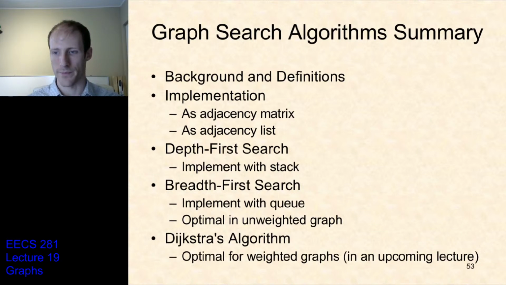So we talked about some one-hop, one-step graph algorithms, like determining if an edge exists. And then we talked about some multi-hop algorithms. So does a path exist? And you can use depth first search for that. Or what is the shortest path? And we use breadth first search for that.